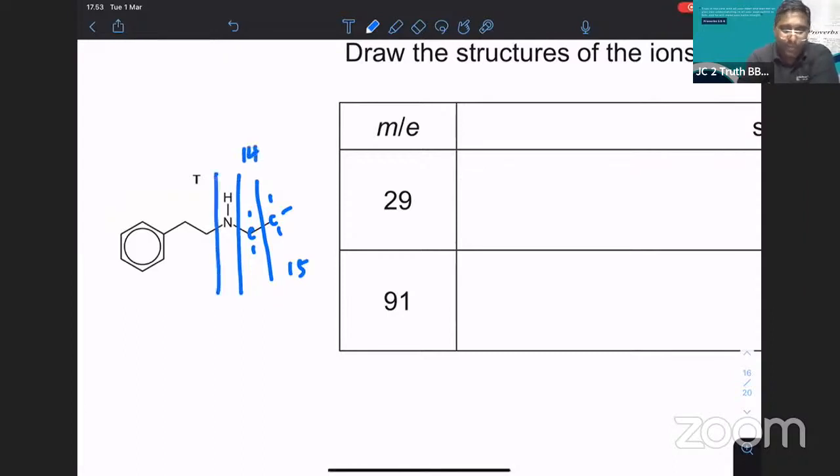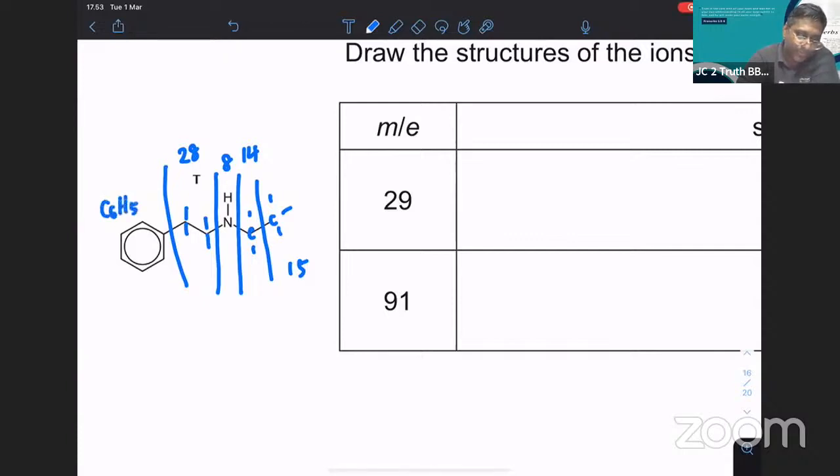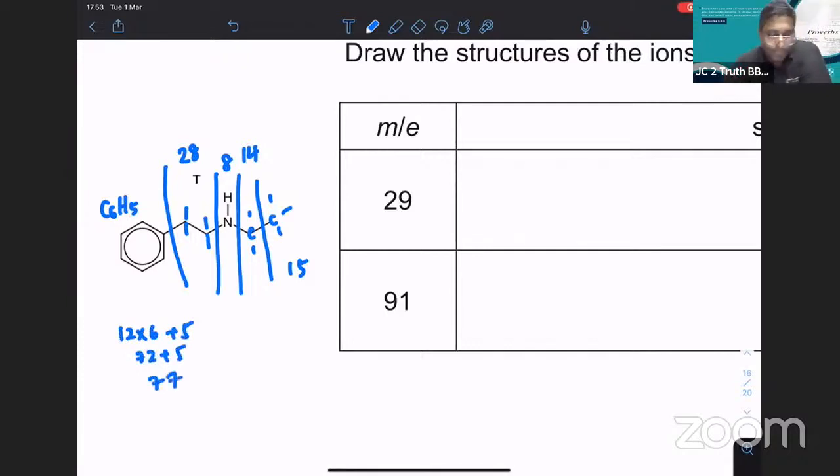NH is 7 plus 1, so 8. Then CH2 and CH2 is 14, 14, so that is 28. This one is C6H5, which is 12 times 6 plus 5, so 72 plus 5, that is 77.